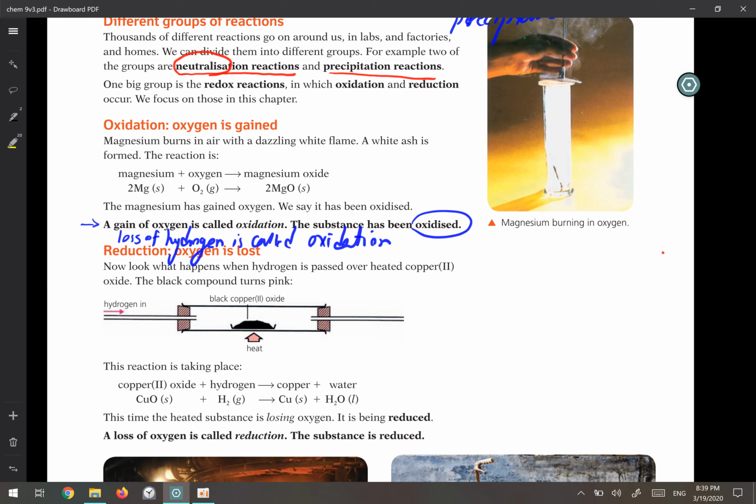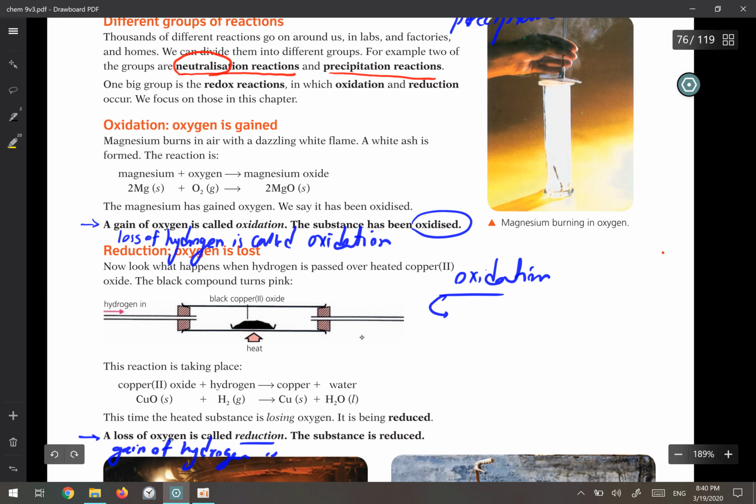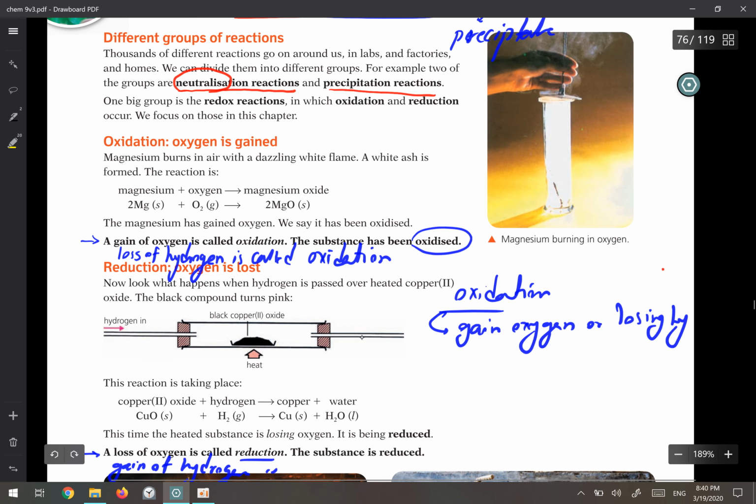Okay, let's go to the reduction. It says the loss of oxygen is called reduction. We have another definition based on hydrogen. We can say gain of hydrogen is called reduction. So we have two definitions for each one of them so far. If you talk about oxidation, oxidation means gaining oxygen or losing hydrogen.